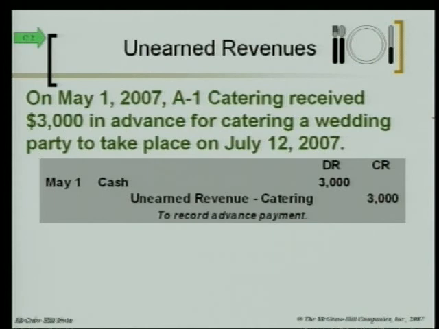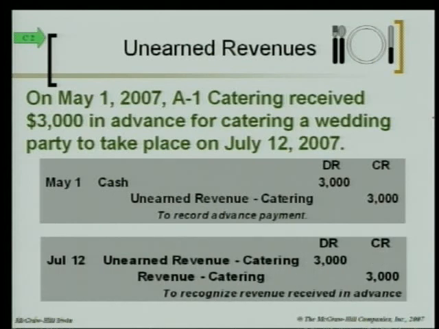In this instance up on the screen, have we provided the product or service? Nope. So we debit cash for $3,000 and we credit unearned revenue. What is unearned revenue? It's not a revenue, but it is a liability. That's why it's in the chapter on liabilities. Okay? Because we either owe them their money back or we owe them a nice catering for their wedding. So that is the journal entry we make right there.